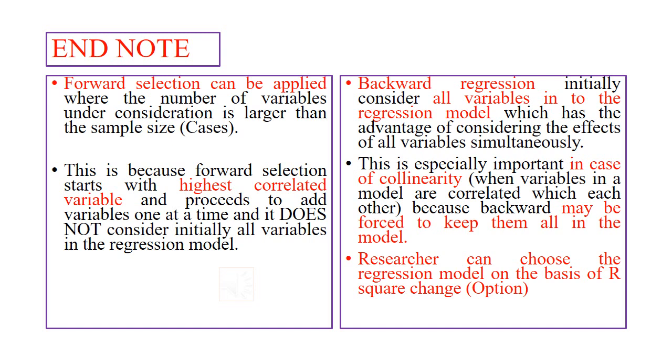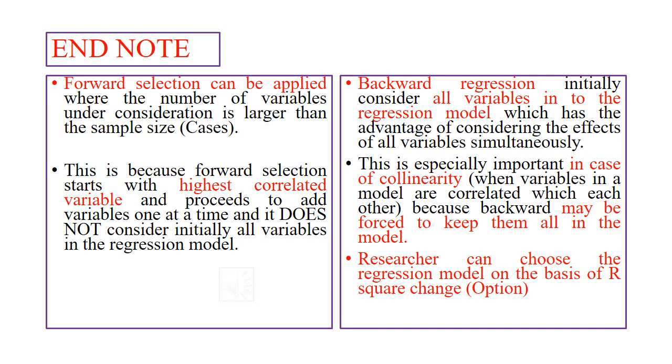This is because forward selection starts with the highest correlated variable and proceeds to add another variable on the basis of partial F significance, and it does not initially consider all the variables in the regression model as backward regression does.